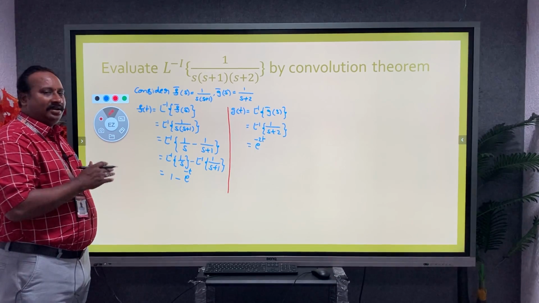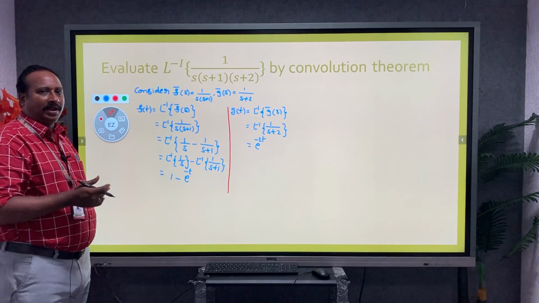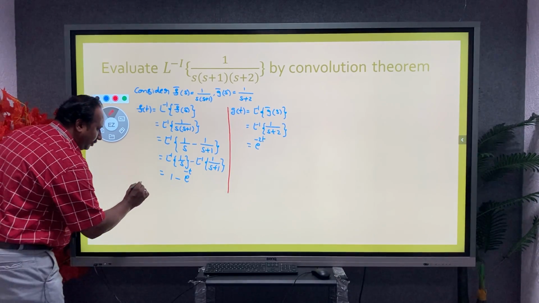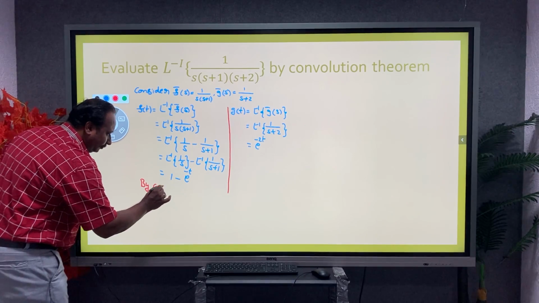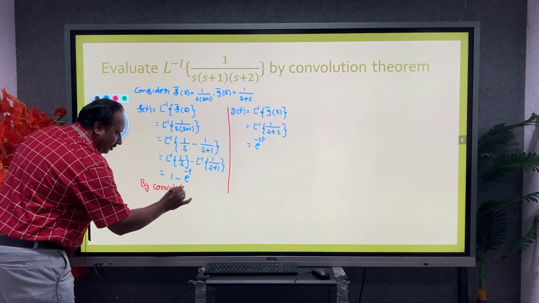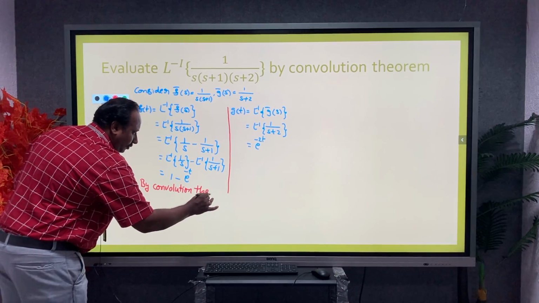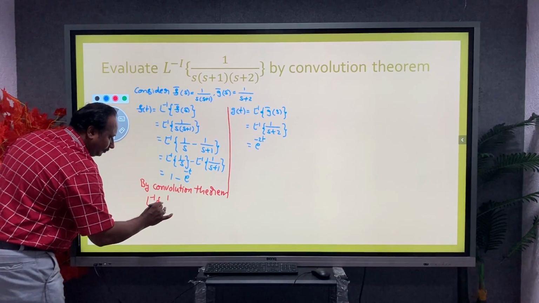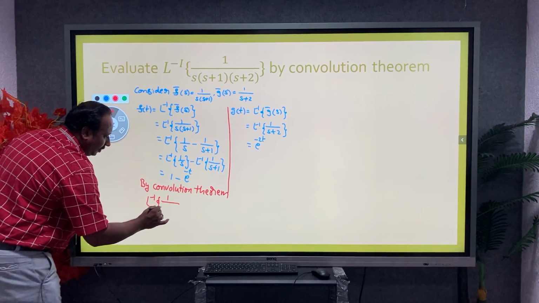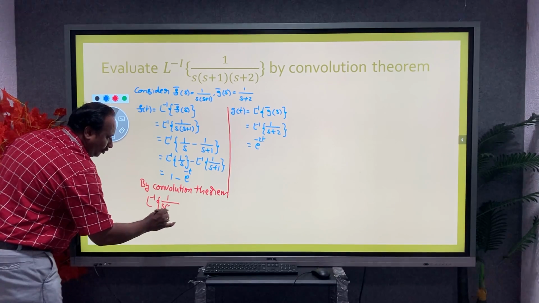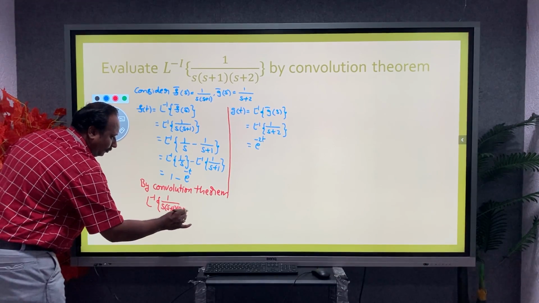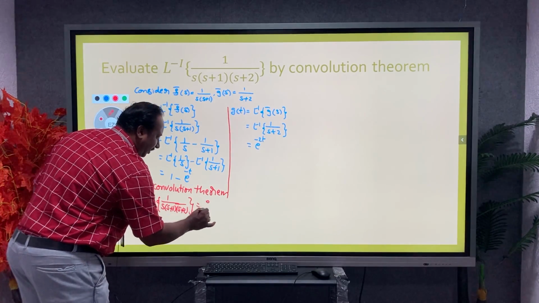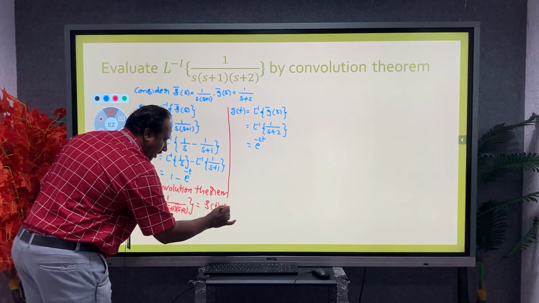So after getting f of t and g of t, we have to apply convolution theorem. So what is the convolution theorem? So by convolution theorem, L inverse of 1 by S into S plus 1 into S plus 2 equal to F of t star G of t.